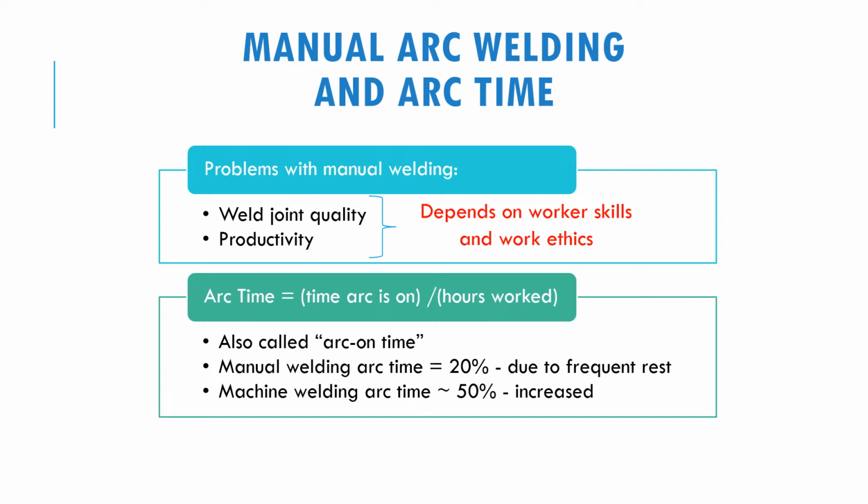This is also known as arc on time. For manual arc welding, usually only 20% of the time is used for arc welding. The rest is due to frequent rest and other things. For machine welding, arc time is around 50%, a little bit higher because machines don't need rest like the worker.